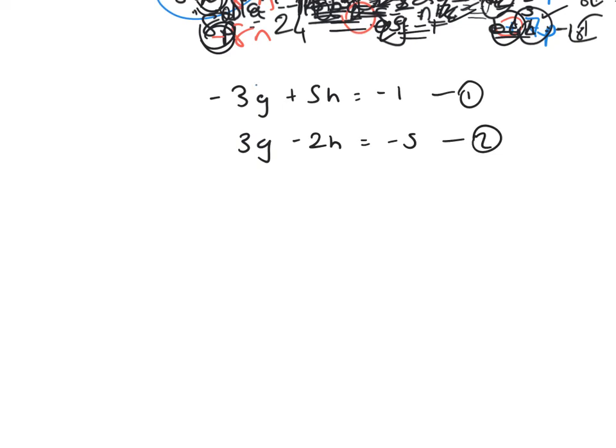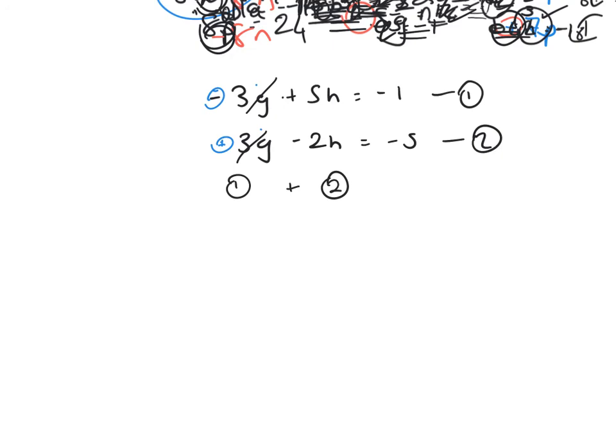Okay, so it's definitely going to be the g's that I'll eliminate. Now the signs, the same or different here? Well, that's a minus, and what's here? Well, if I can't see anything here, it's definitely a plus, so the signs are different. The signs are different tells me to add the equations. 1 plus 2, that will eliminate the g's.